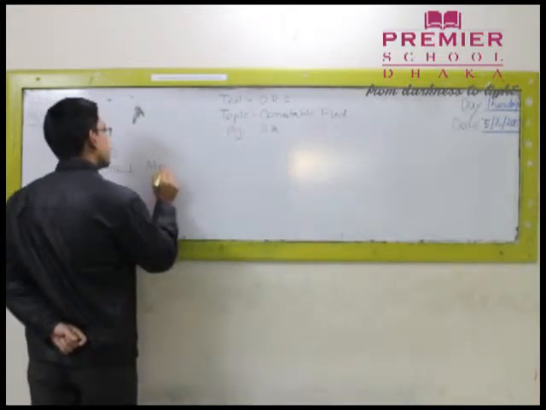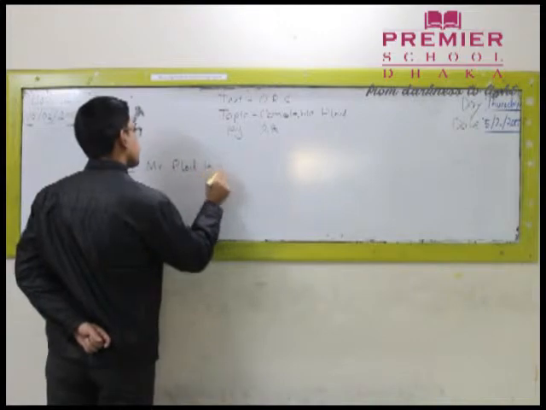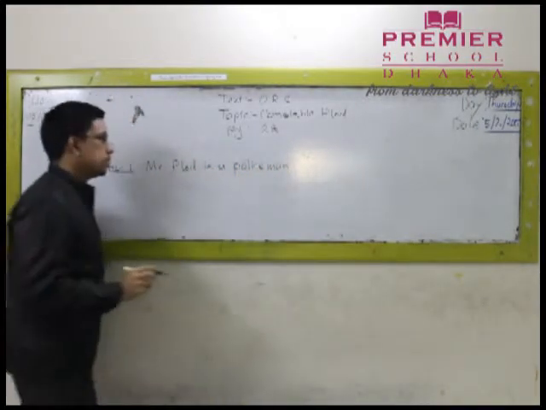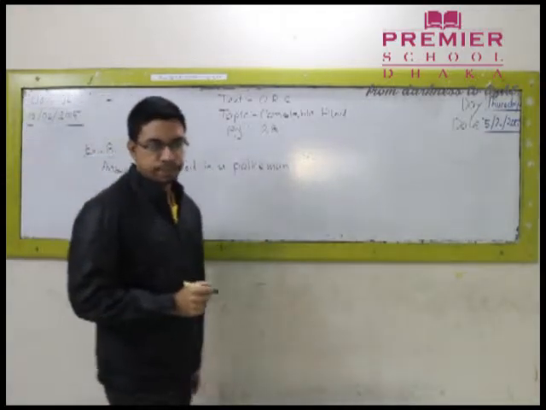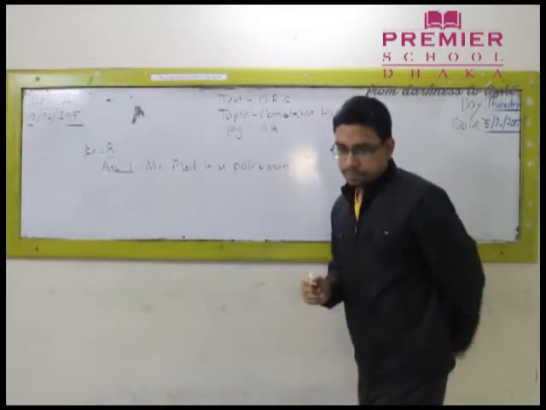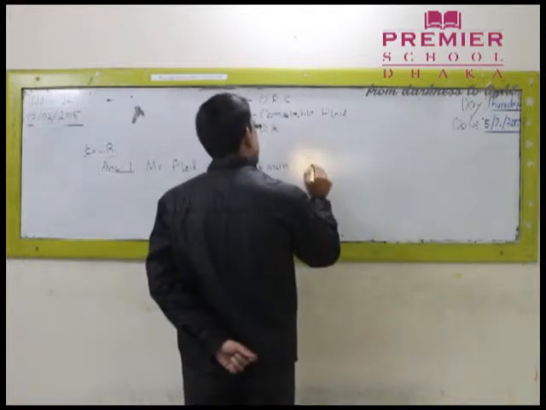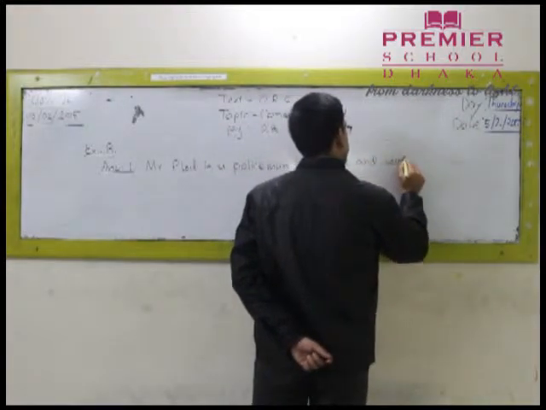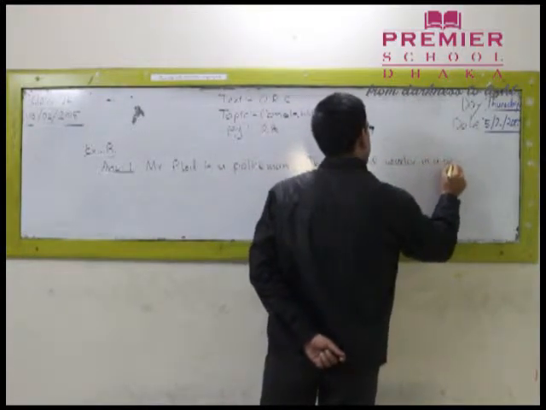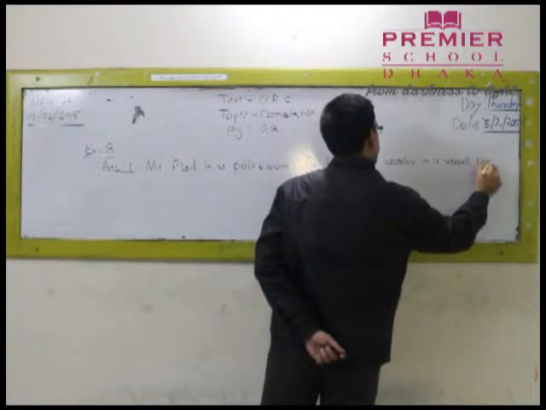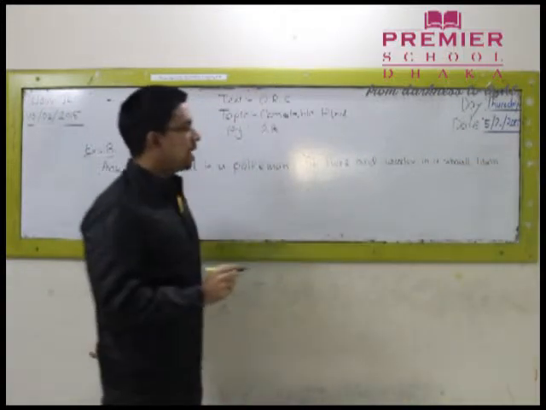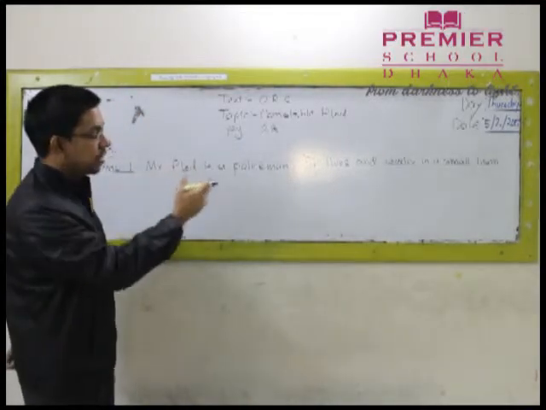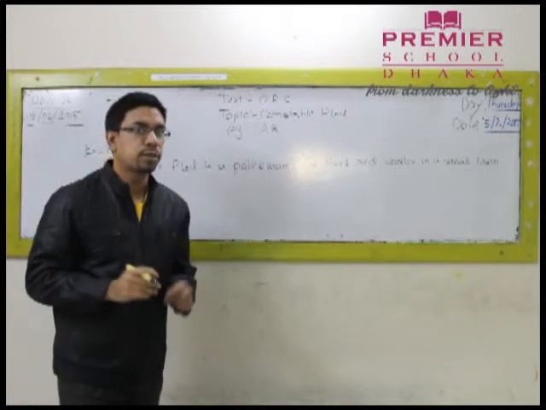Mr. Plod is a policeman. He lives and works in a small town. This is who Mr. Plod is. He's a policeman. He lives and he works in a small town.